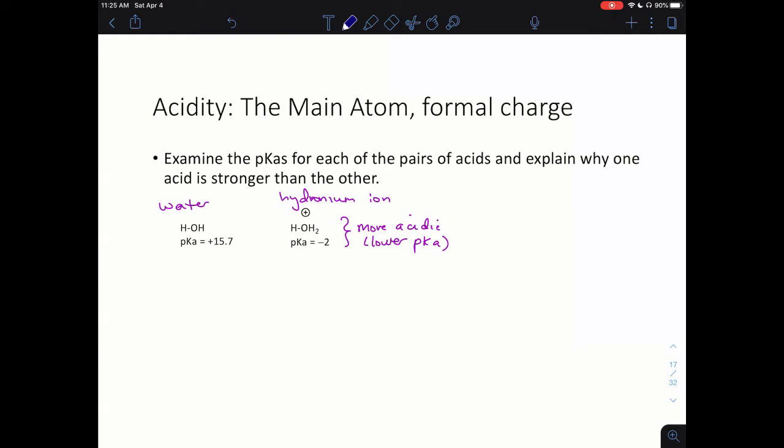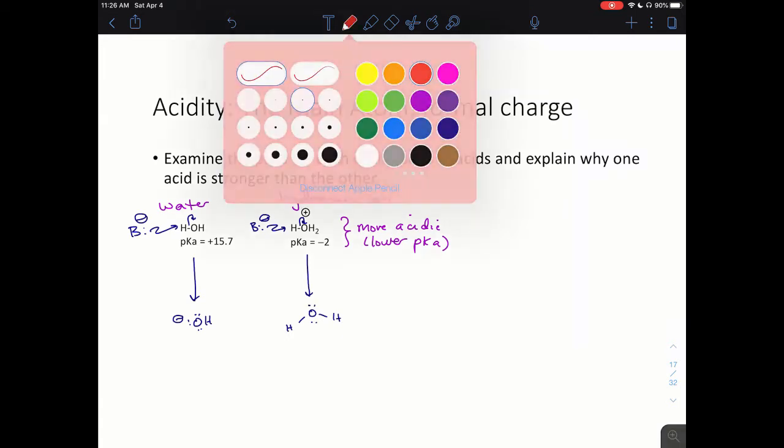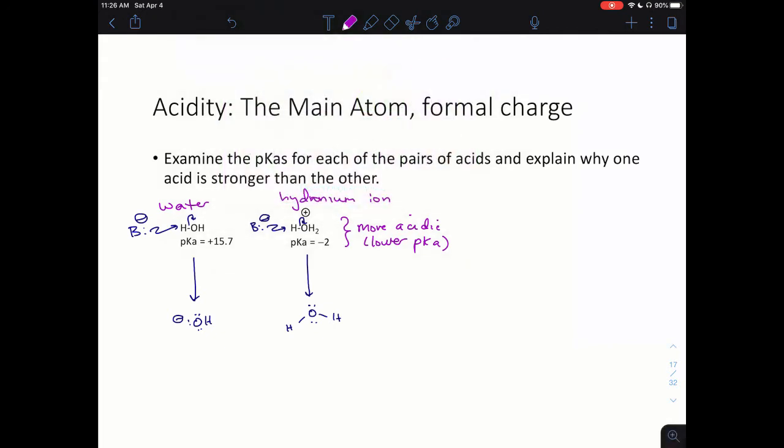So let's consider a base deprotonating both water and hydronium and draw the conjugate bases of each of these acids. Deprotonating water generates hydroxide. Deprotonating hydronium generates water. Now, since hydronium is a stronger acid, we have a more stable conjugate base.